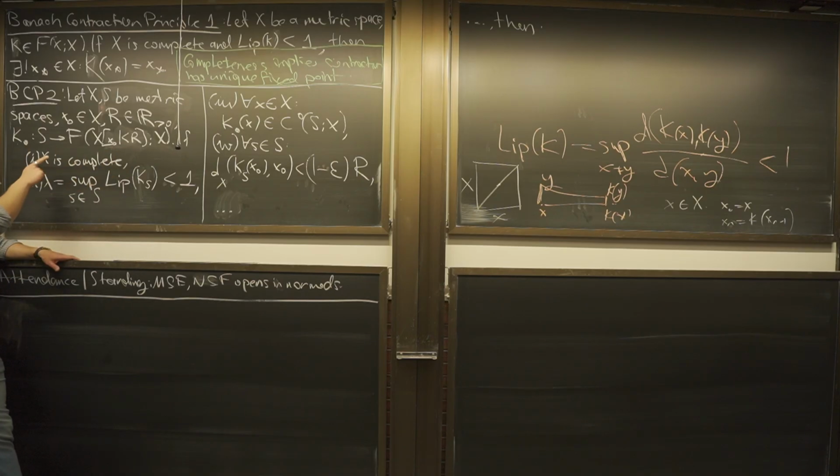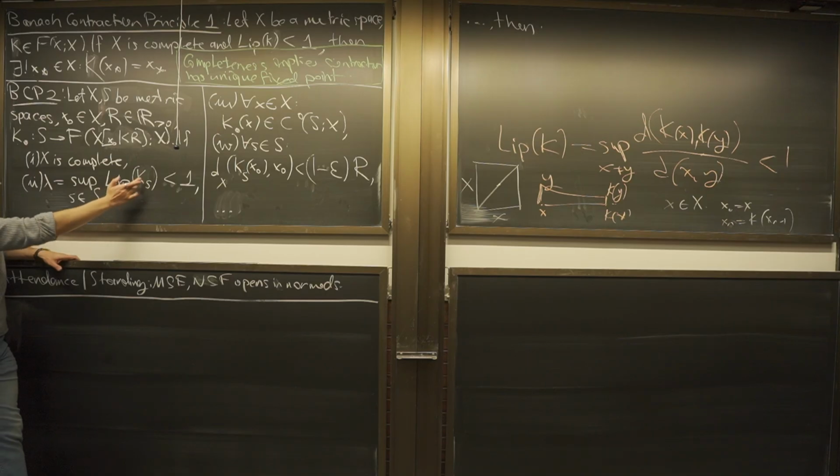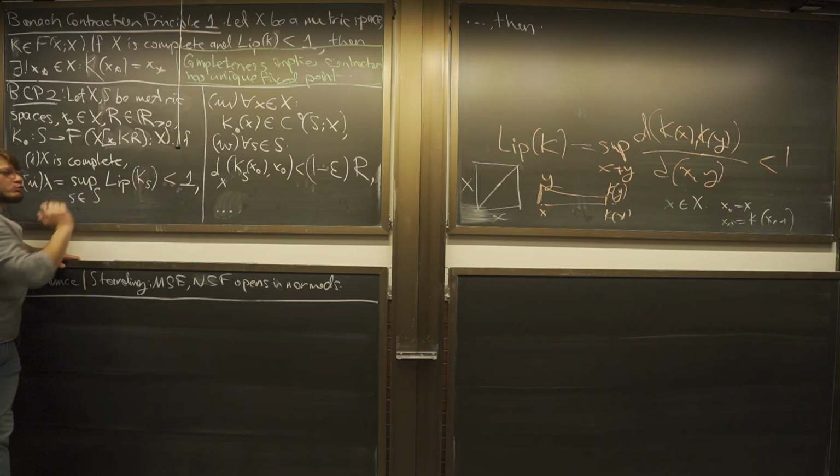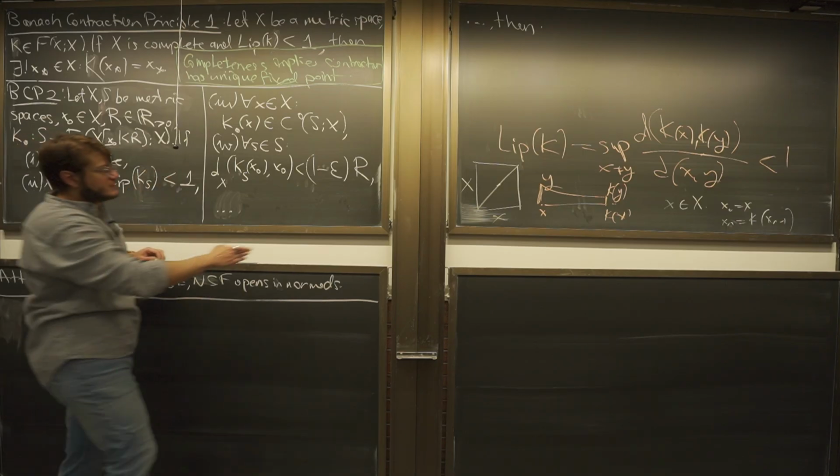The assumptions are, again, if X is complete, if the uniform Lipschitz constant, I look at the Lipschitz constant of each of these functions, and then I look at the sup over all parameters, I want them to stay away from 1. It's some number lambda.